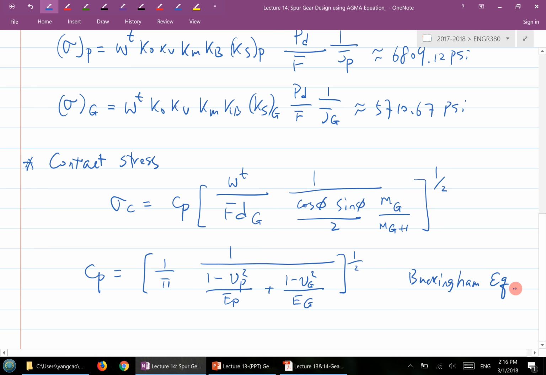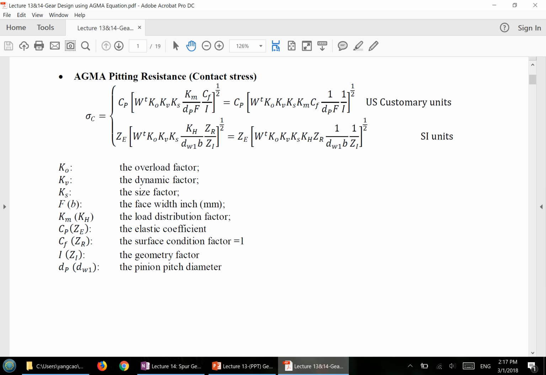So if you compare this Buckingham equation with the AGMA contact stress equation, essentially it's pretty much the same thing, except that the AGMA equation adds a number of factors: KO, KV, KS, KM, and then CF.